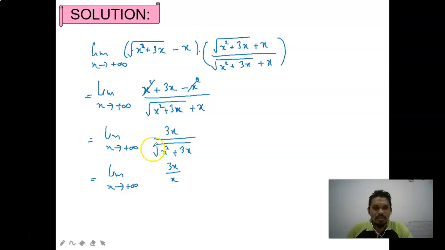We consider the highest degree of x from the denominator equal to x, because x squared under a square root equals the absolute value of x. So now it becomes 3x divided by x, divided by the square root of x squared divided by x squared plus 3x divided by x squared.